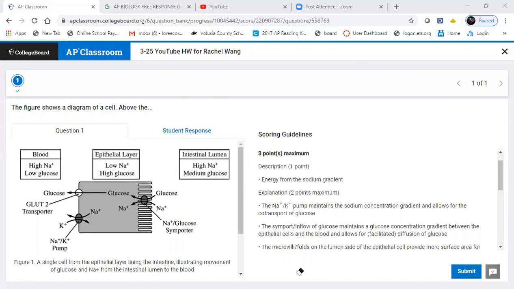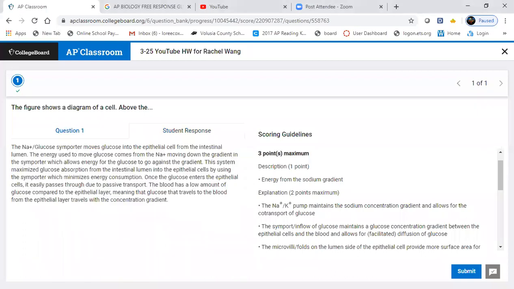Now, if we take a look at this student's response, we can see that we've got a sentence here. It says the Na glucose symporter, which she named from the diagram, moves glucose into the epithelial cell from the intestinal lumen.